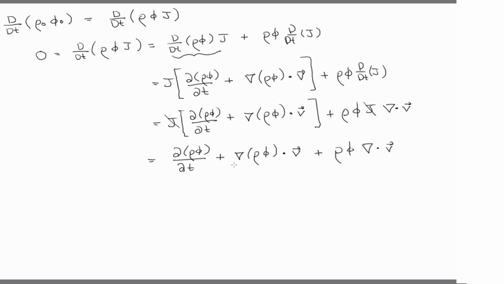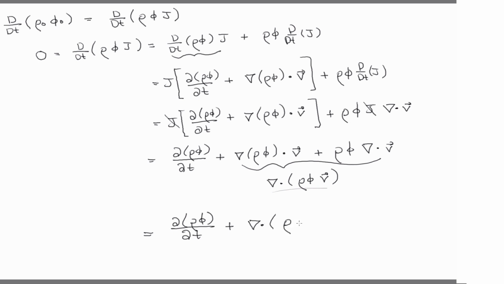And then you should be able to see from the product rule that that term is simply equivalent to this. If you just use the product rule, then you get that. And so finally, we have our final statement of conservation of mass in the form that you're probably familiar with. That's equal to 0.